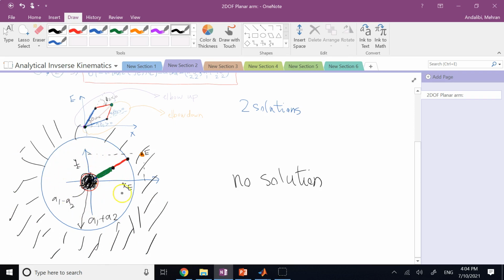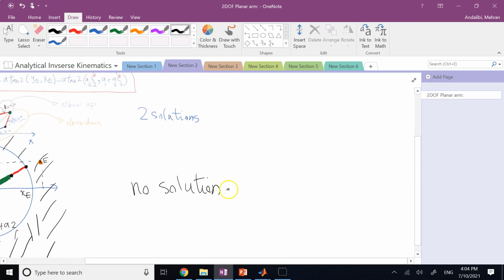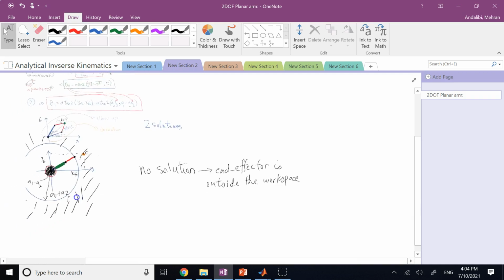This is the workspace of this robot, right? It's this donut. This donut is the workspace of the robot. So there is no solution when the end effector is outside the workspace. There is no solution.